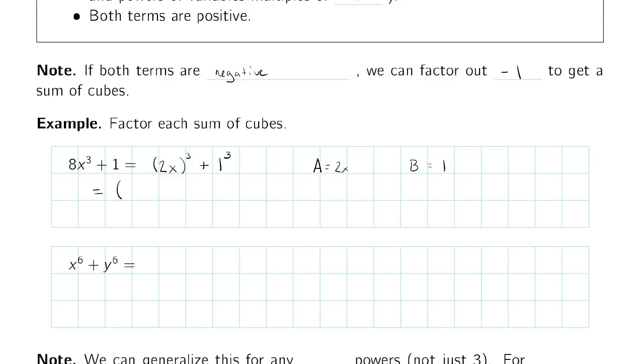So this factors. First factor is a plus b, 2x plus 1. Second factor, I'll have a squared, so 2x squared, minus a times b, so 2x times 1, plus b squared, so 1 squared.